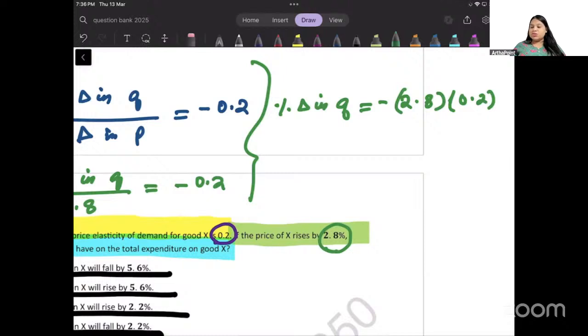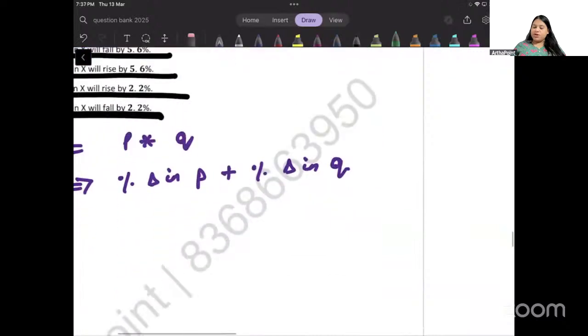Right? So this will give you the answer as -0.56. Now you can put it here.